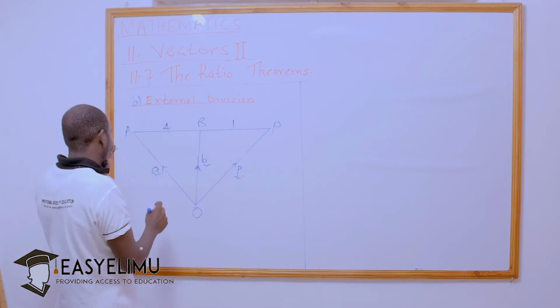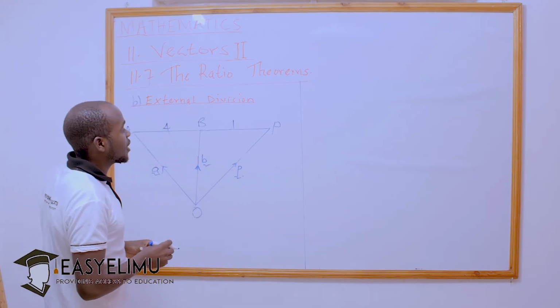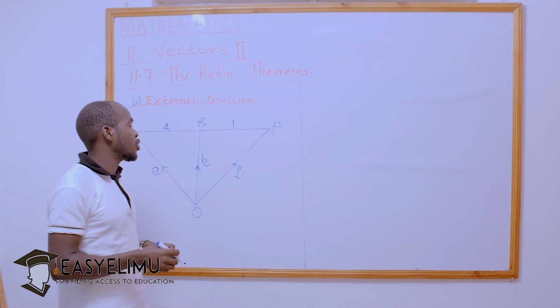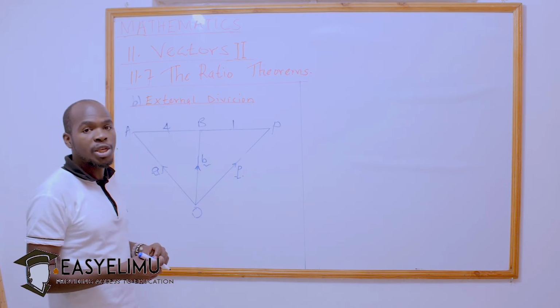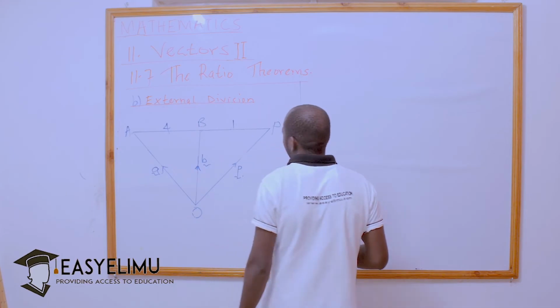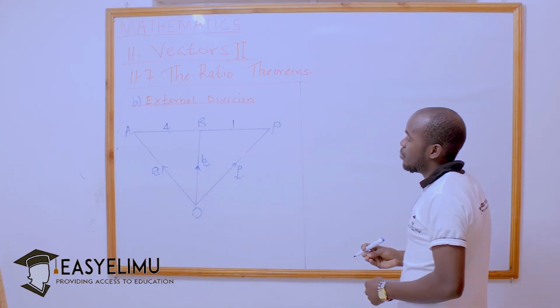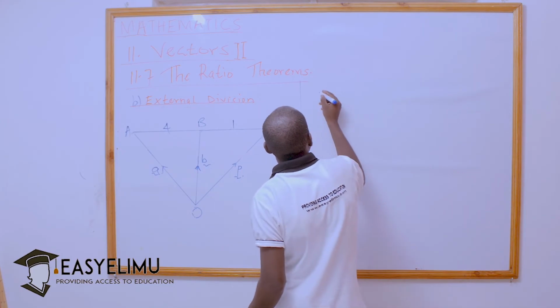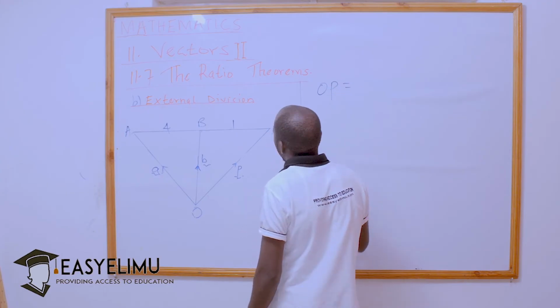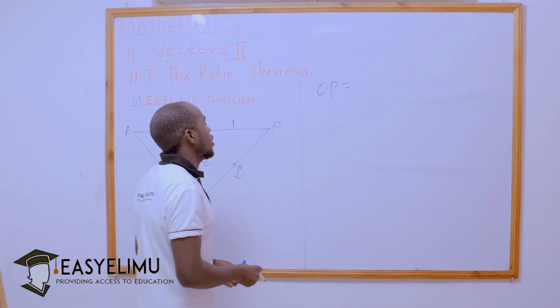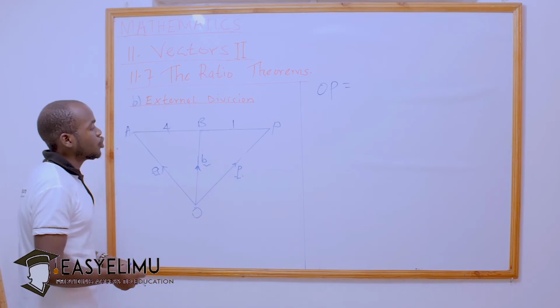So we are going to work out this: express P in terms of A and B. To express P, we know P is equal to OP. And to find that OP, we can use two ways.